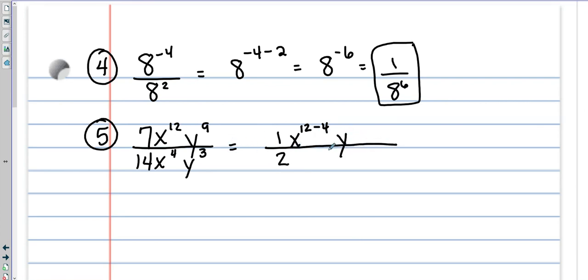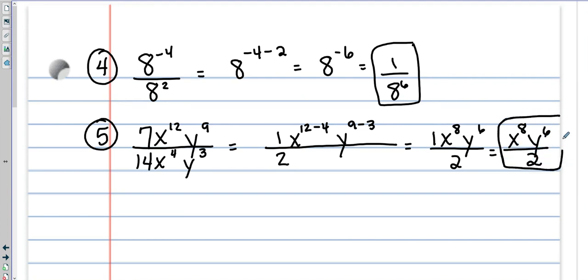And then I have y to the 9th power minus 3. So I'm going to go ahead and simplify that. So I have 1x to the 8th power and y to the 6th power over 2. But we don't need this 1 in the front, right? It's understood that there's a 1 in front of the variable if it's invisible. So you could just write it as x to the 8th, y to the 6th over 2. And this is your final answer.